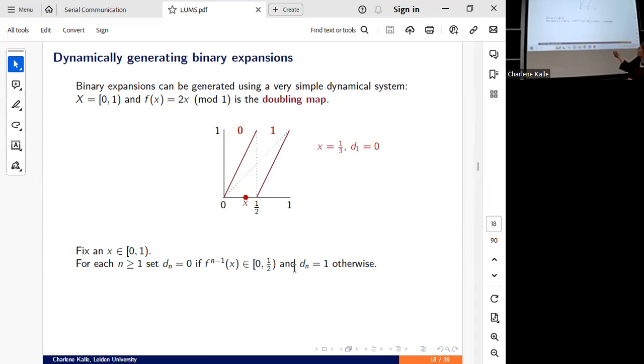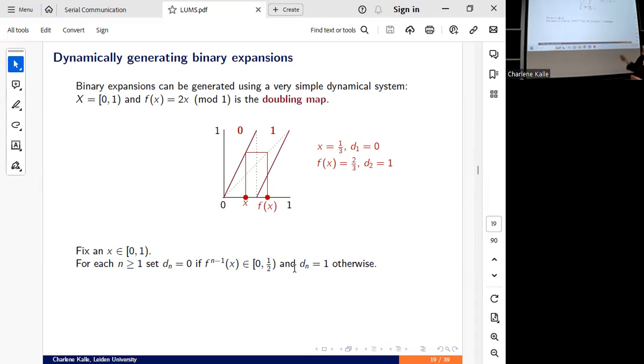For any point x, suppose we take this point x, which is 1/3, we look where it is. If it's to the left of a half, we put the first digit equal to 0, and if it's to the right of a half, we put the first digit equal to 1. So for x, d1 is 0. Then we compute f of x. In this case, it is 2/3, which lies to the right of a half.